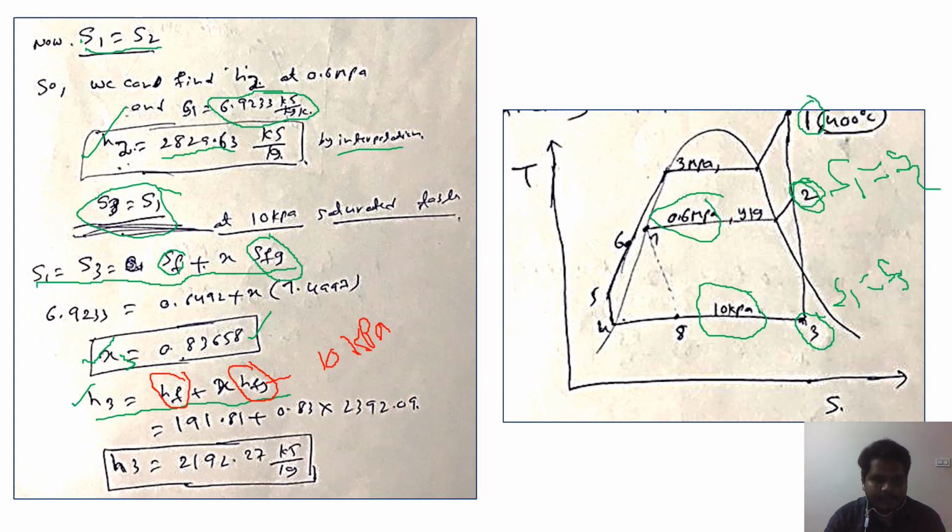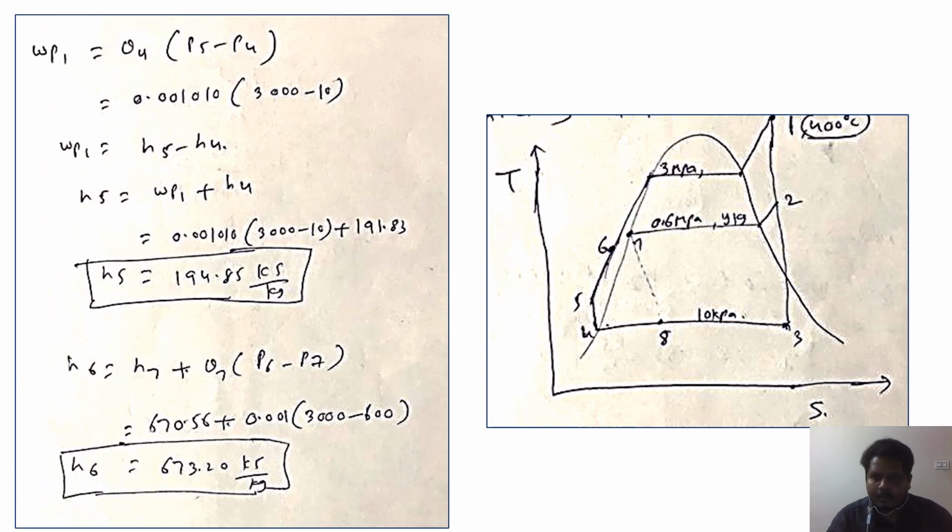Once we substitute the values, we will get the value of the enthalpy, that is 2192.27 kilojoule per kg. We know the values of the enthalpy at point 1, point 2, point 3 and point 4. Now we have to calculate the enthalpy at point 5.